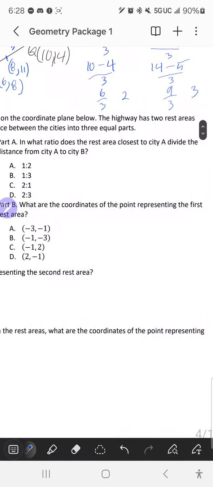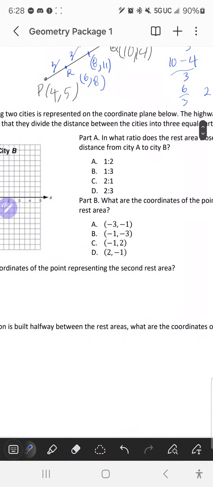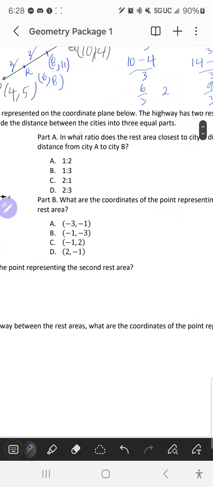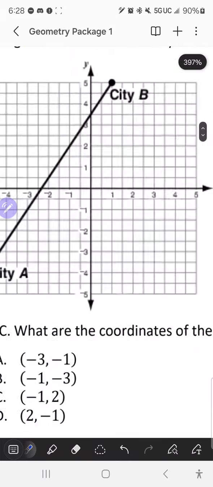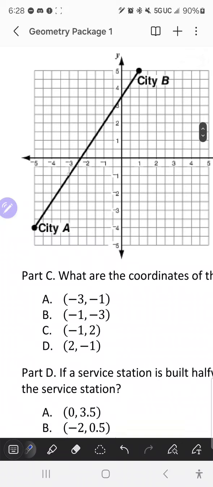Now, we know that these two rest areas are going to divide the distance between the cities into three equal parts. So I'm not going to mark the exact point, I'm just going to make it approximate.